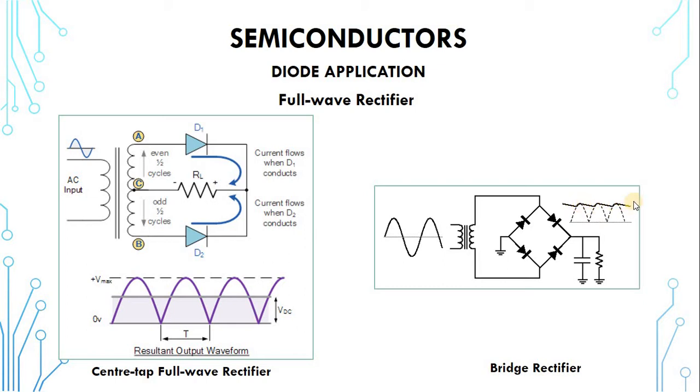It never goes to 0. At least we can see that this waveform is closer to a straight line than this particular one. So by the introduction of the capacitor, we have smoothened the waveform. So the function of the capacitor here is to perform what we call smoothing.